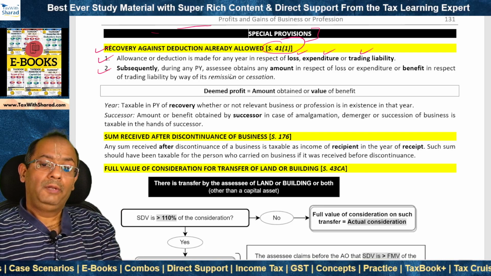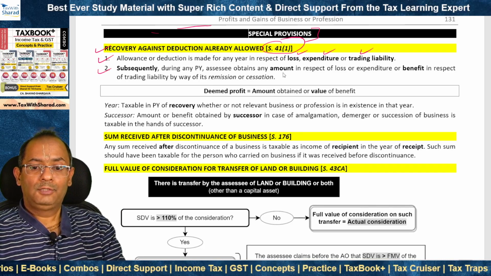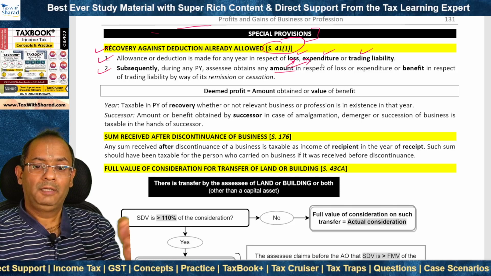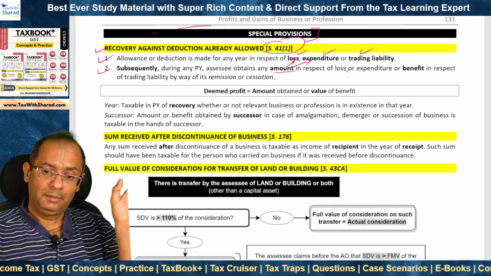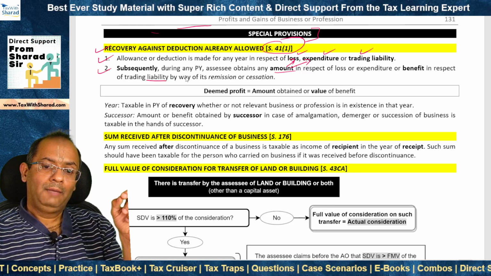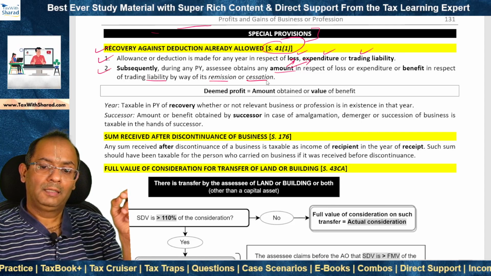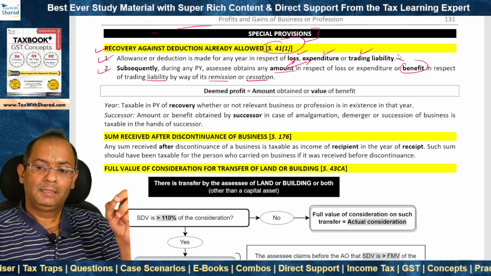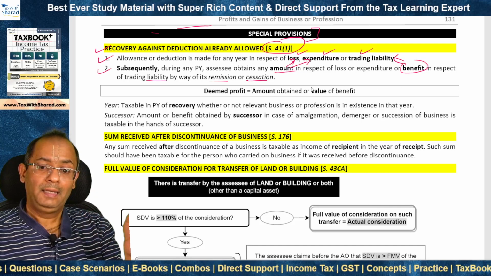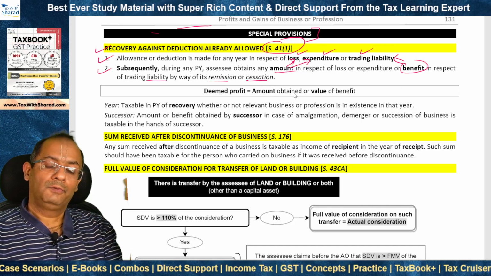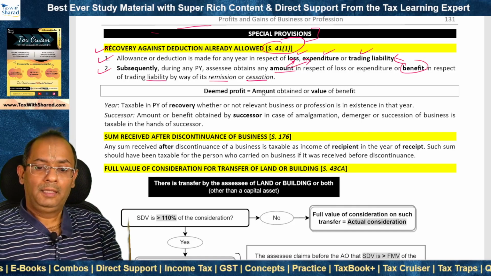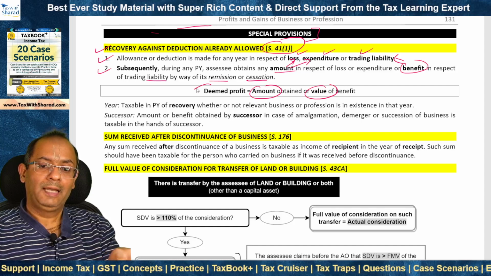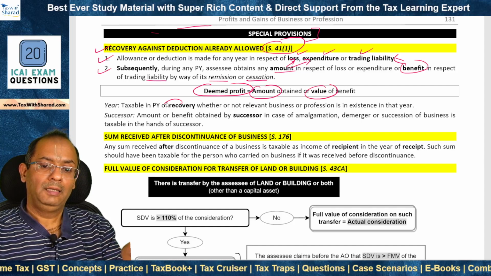But subsequently during a previous year, the SSE has obtained an amount in respect of, say, the loss or the expenditure which was earlier allowed as a deduction, or say the trading liability has been remitted or it has ceased and there is a benefit which has been obtained by the SSE in respect of the trading liability. In that case, since a deduction or allowance was already allowed earlier, then the amount which is obtained or the value of benefit which is obtained by the SSE is taxable as deemed profit in the year of recovery.